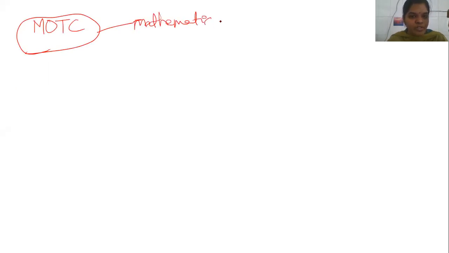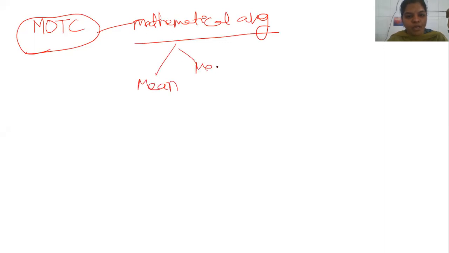What we discussed in the last class regarding measures of central tendency was the mathematical average. In this mathematical average, we have mean, median, and mode.